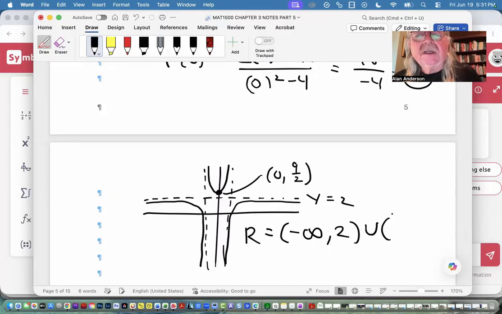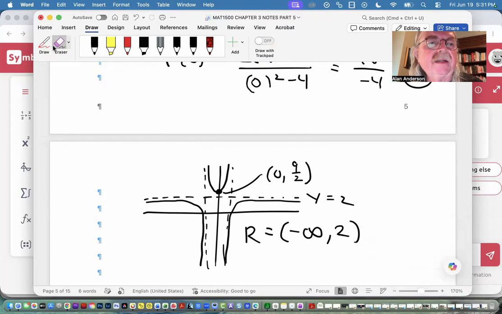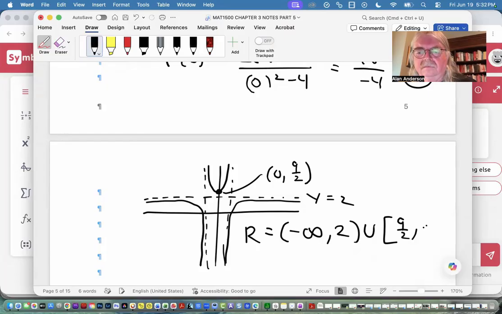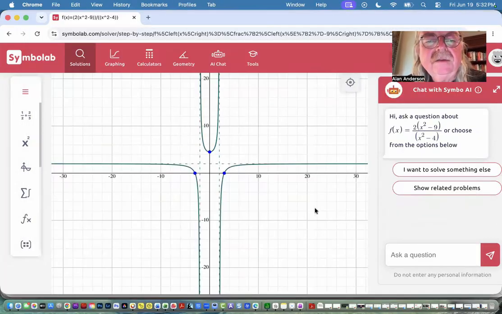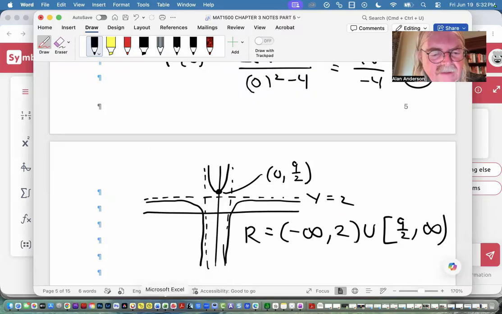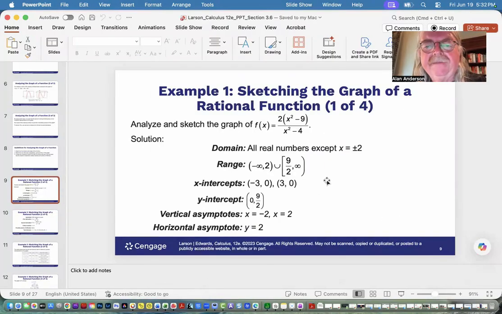It will include the 9 halves, though. Okay, let's make sure that's a square bracket. And that should take care of it. So now that was kind of a nightmare. Yeah, so that's where that came from.